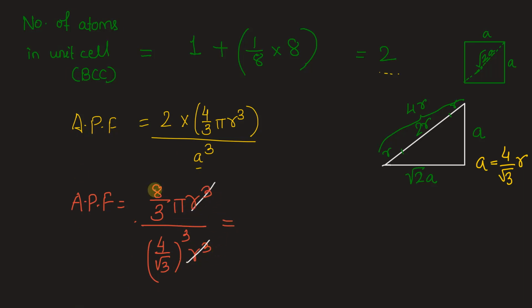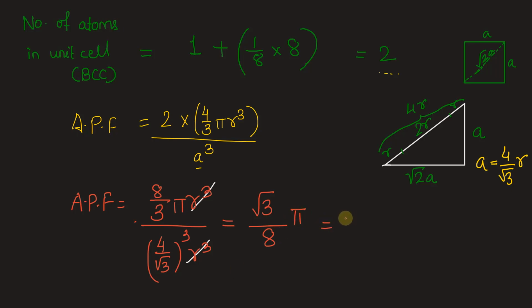What is left behind is 8/3 by 4 cube by √3 cube. √3 cube is 3√3, and 3 can be cancelled on both sides. So we will have √3 in the denominator. Now 4 cube is 64, and 8/64 gives us 1/8. So this is √3/8 into pi.